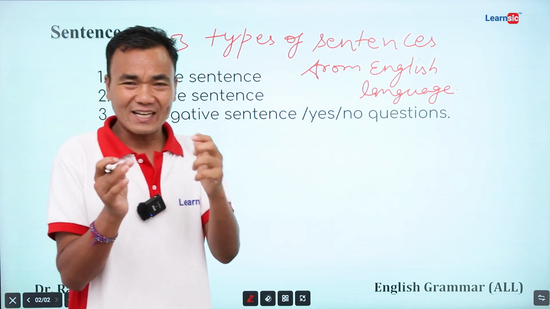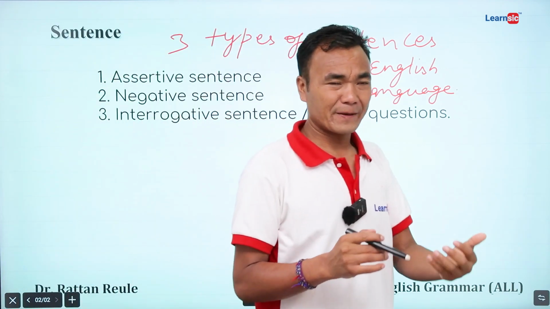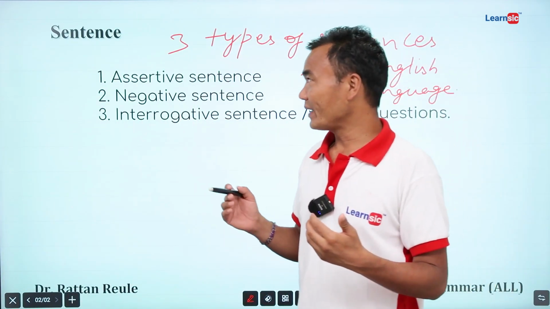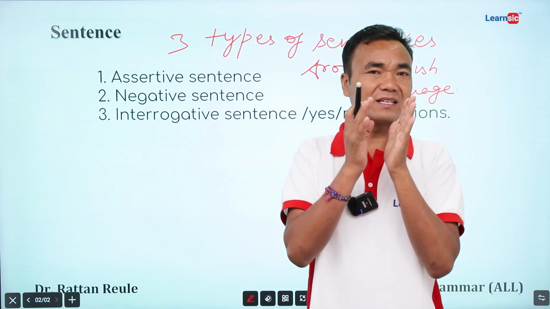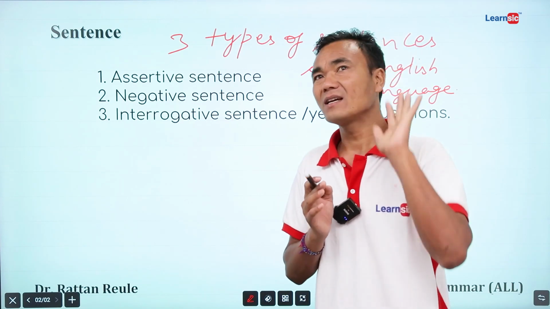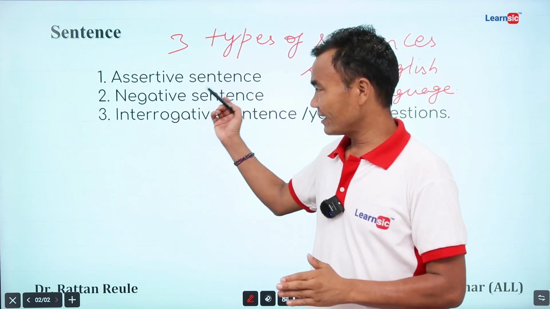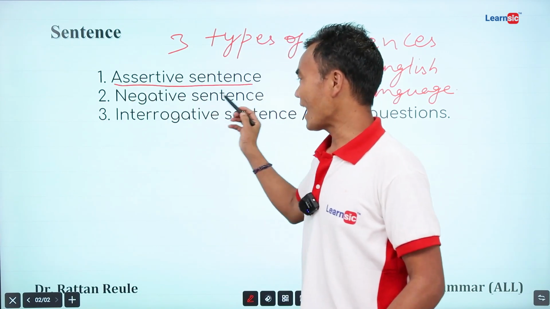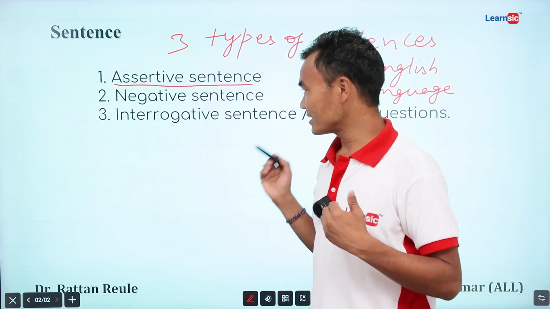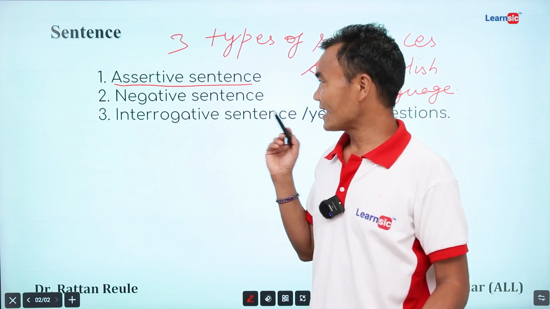So generally, for our better understanding, we put our sentences into 3 categories. Category number 1 is assertive sentence, next is negative sentence, and third is interrogative sentence.